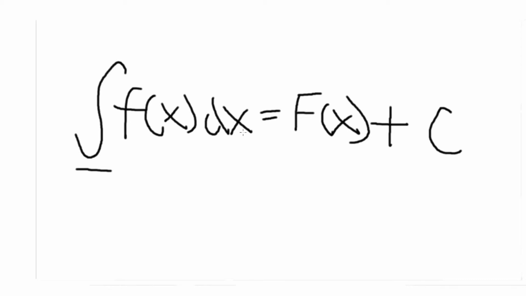This one indicates that x is the independent variable, but in this case we don't have any usages for this. This becomes useful when we are talking about volumes and using substitutions, so we will talk about this later in this video. And this one is the f of x, which is our original function, and in the end we have the constant c, which is always there.